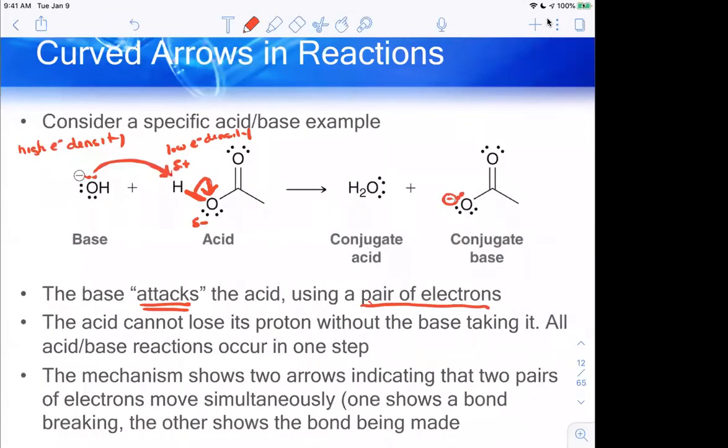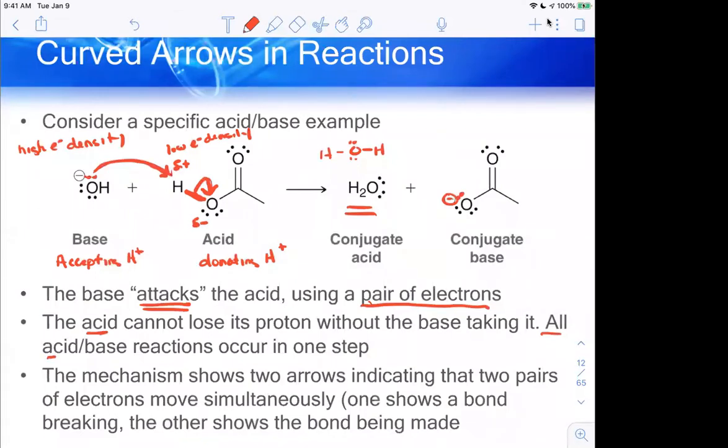So what I get is water. This is going to be the conjugate acid of the base because that is accepting the proton. This is donating the proton. The acid cannot lose its proton without the base taking it.